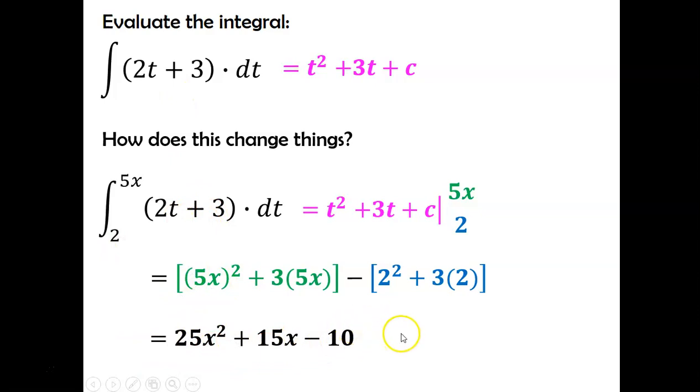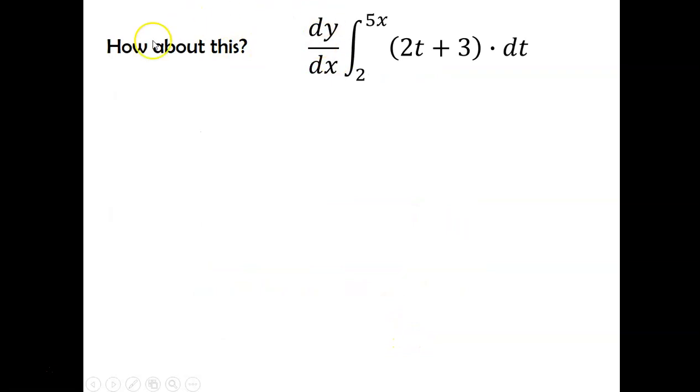Okay, so why does this matter? This is where the Fundamental Theorem of Calculus Part 1 comes in. Notice here that this is the same integral from before, except now they want us to take the derivative of it. And this should sound a little bit familiar to you because when we first started talking about the fundamental theorem, what we said was that integrals and derivatives are opposite operations, right?